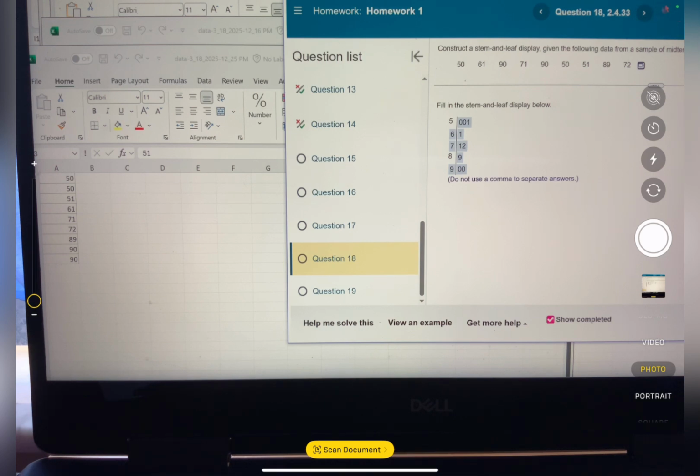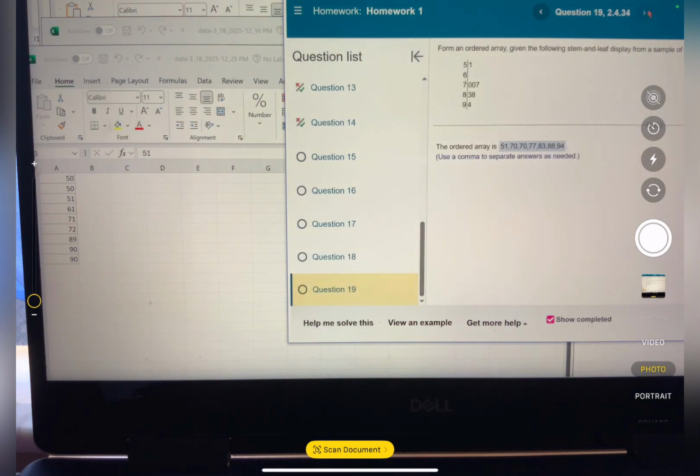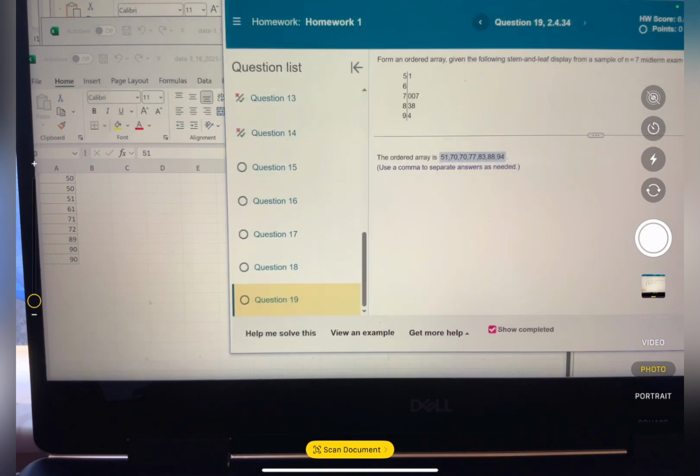And number 19, the last one. Same way. From an ordered array, give the stem and leaf. So, 51 here. And then 6, there is nothing there. That means if there is no leaf, that stem itself cannot exist. Because if it would be 60, we would put 6, 0.